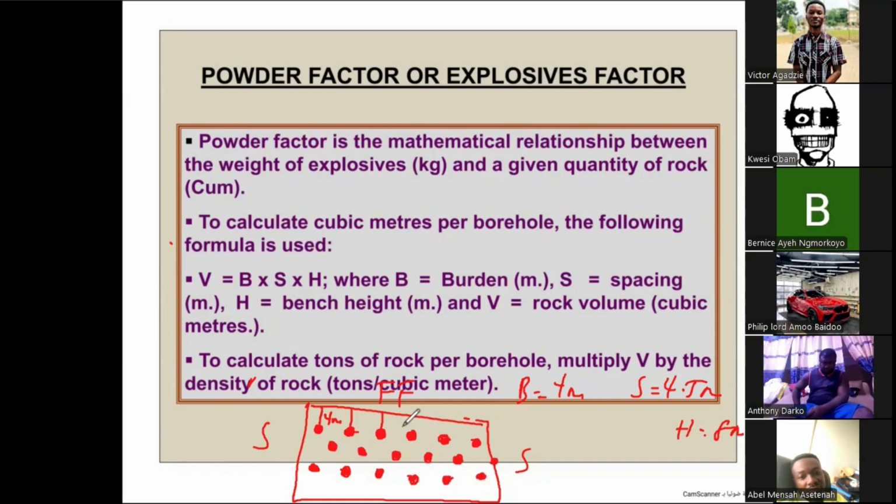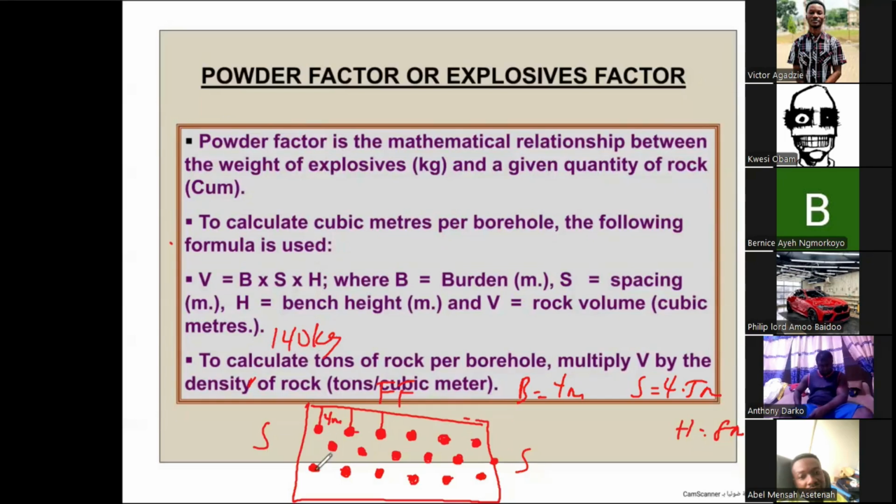I want to demonstrate the powder factor. So the powder factor for this hole will be the bedding, which is 4 meters. So we say we are pumping 140 kilos of explosive into the hole, right?